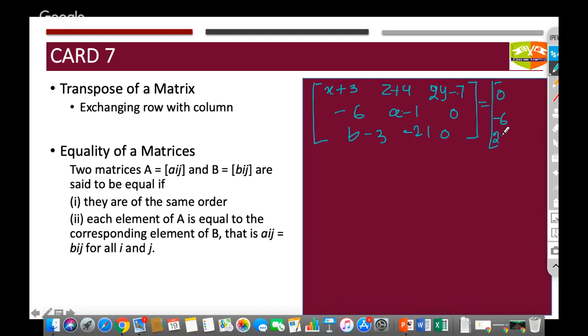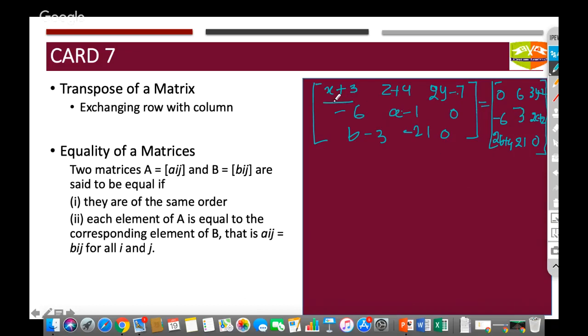So I'm writing those terms here. Those terms are, suppose this is 3y minus 2, this is 2c plus 2, and this is 0. And I just close it. Now I'm asking what is x, y, z, a, b, c, whatever I have written here.